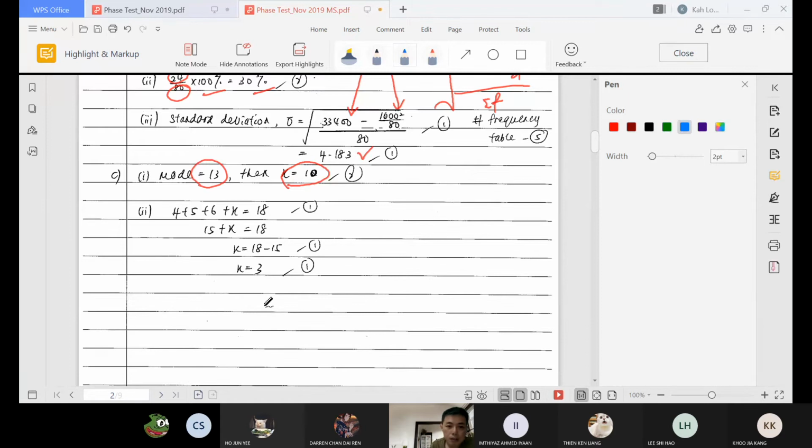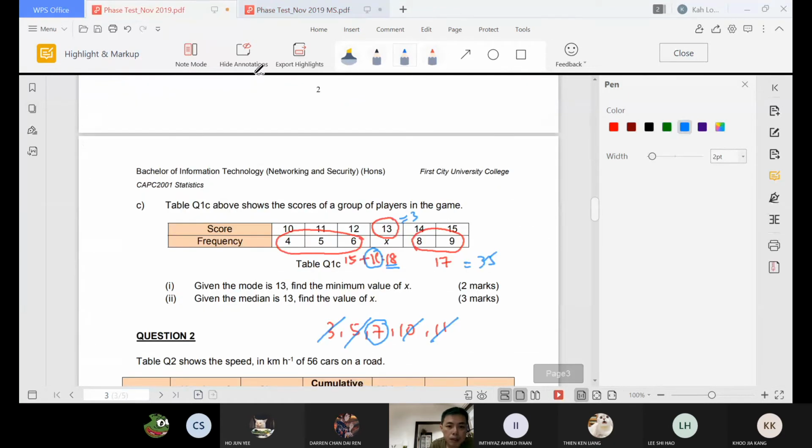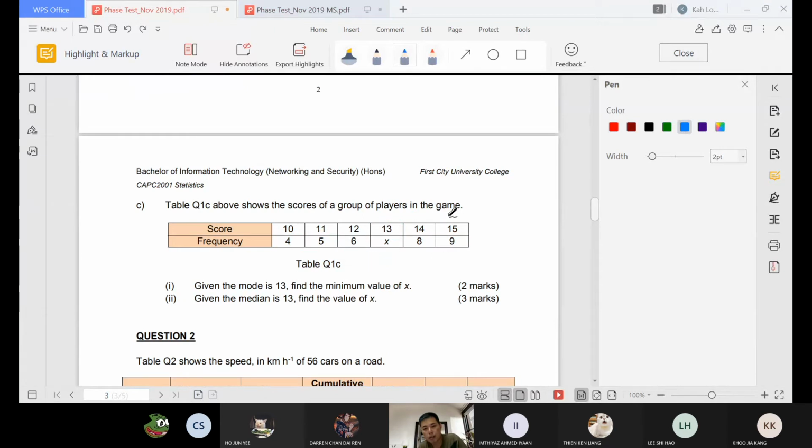Okay, you look at this. From the left-hand side, you already have 17 data. Here, how many? Only 15.